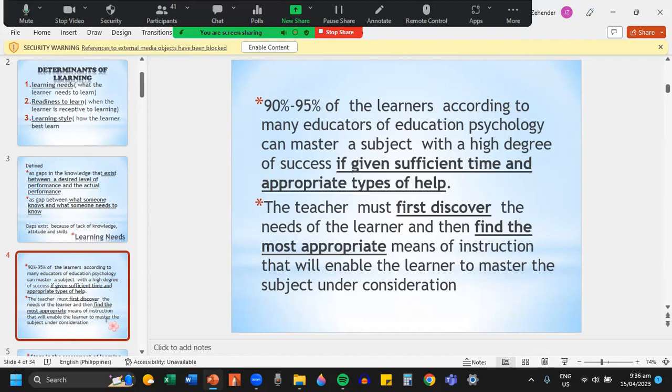Aside from that, the availability or appropriateness of learning materials, plus sufficient time. So next up, the teacher must first discover the needs of the learner and then find the most appropriate means of instruction that will enable the learner to master the subject under consideration.